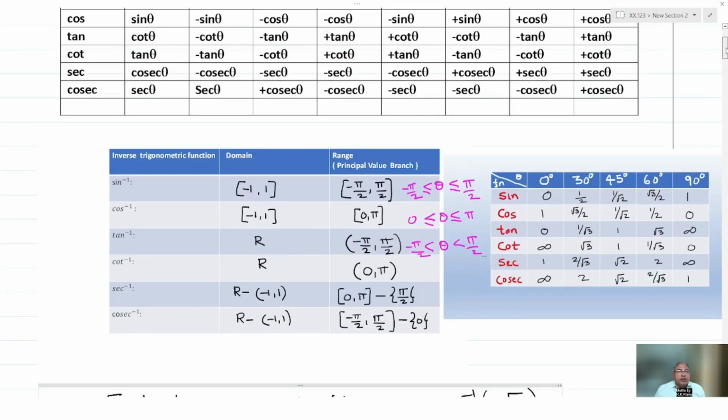Now from this table of principal value branch, for tan inverse, theta is greater than minus pi by 2 and theta is less than pi by 2.